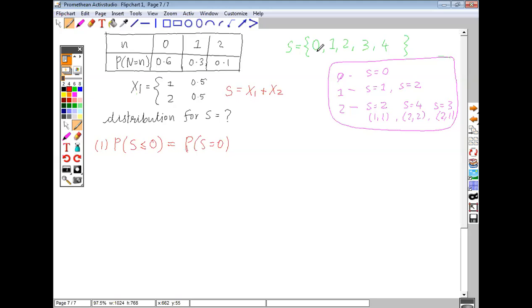The assumption is that all of these outcomes are equally likely to happen. But is that the case here? We know that the chance that I will observe no claims is 0.6. For one claim it's 0.3 and for two claims it's 0.1. So you see, it's not really uniform, right?